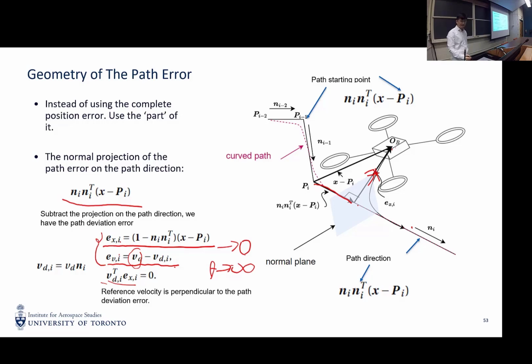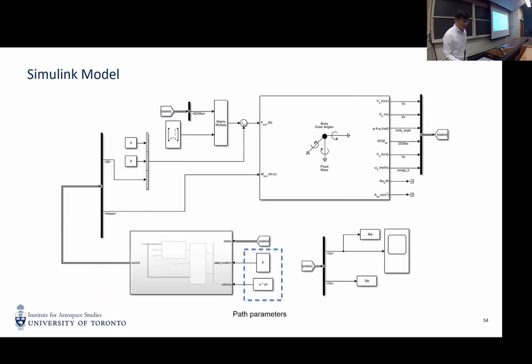Good. Okay, here's a controller. As you can see, I use almost the same structure as the position stabilization control. The only difference is that we now have two inputs. One is P, the beginning of the path. Another is N times VD, which is our desired velocity.